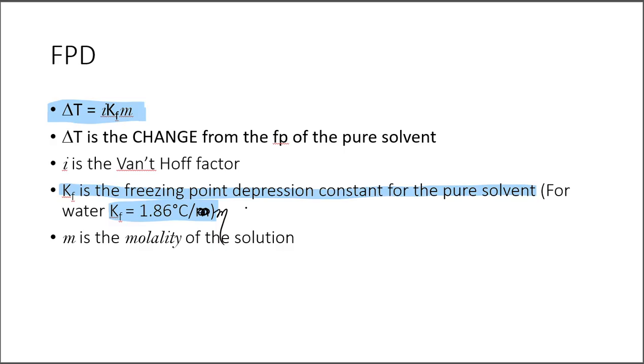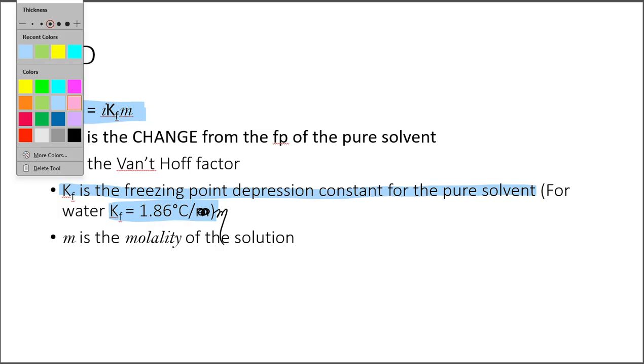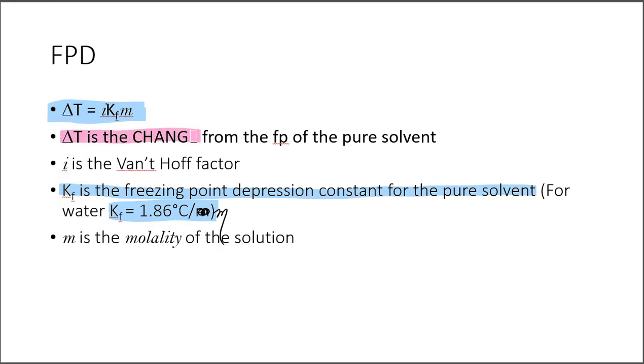So every time you go up from 1 molal to 2 molal to 3 molal, the freezing point changes by almost 2 degrees Celsius. Oh, and i is the Van Hoff factor, so you have to know if you're putting an ionic compound into it or a covalent compound. And the delta T is going to become really, really important. The delta T is the change in the freezing point from the pure solvent.